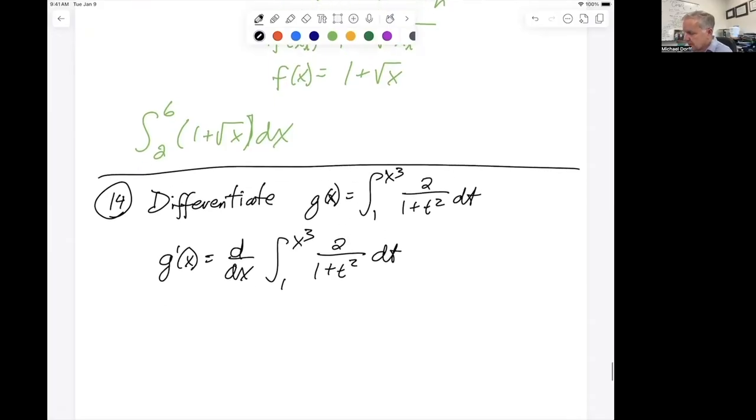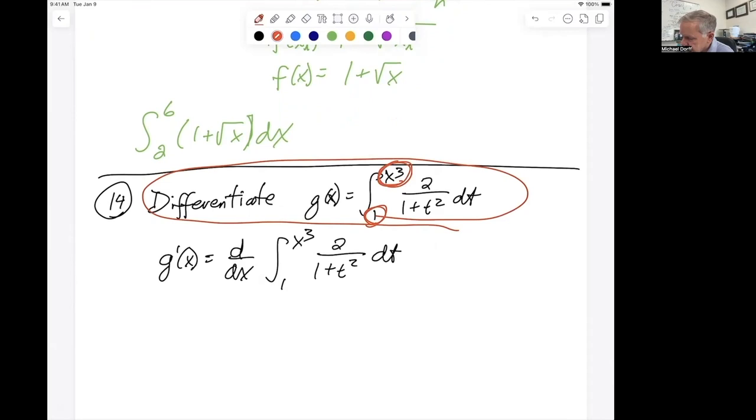Whenever you have one of these types of problems, it's going to be a function that's written as an integral, with the variable up here, a constant down here, and these t's here, which are dummy variables.